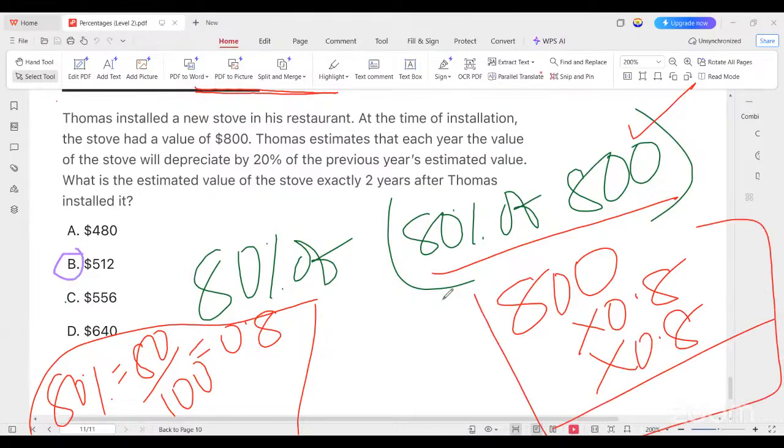What will you get? $800 times 0.8 times 0.8 is 512. Straight away we got the answer just by solving this expression. Is this clear, every one of you?